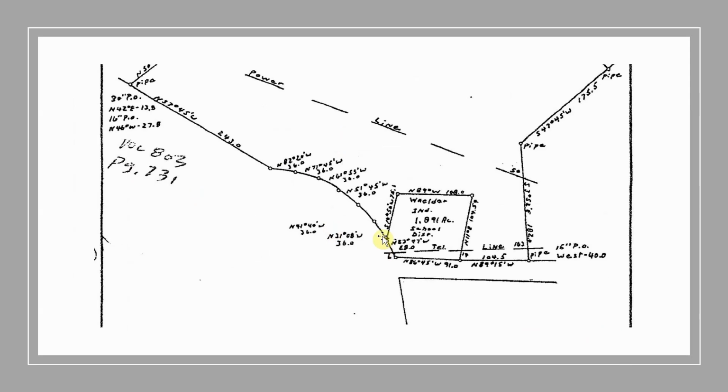Again, here's the power line easement that's running through here. It got referenced a couple times. Here's our set of curve data, done ridiculously, but hey, at least it's there. This is that school tract that was offered, so we can see that. We know now that it's Welder Independent School District.